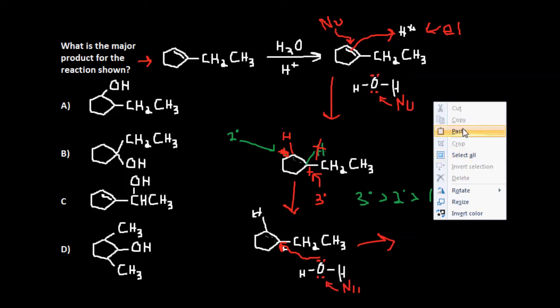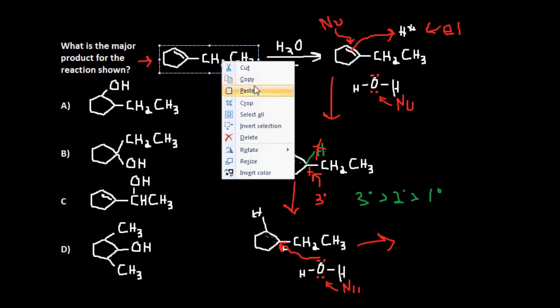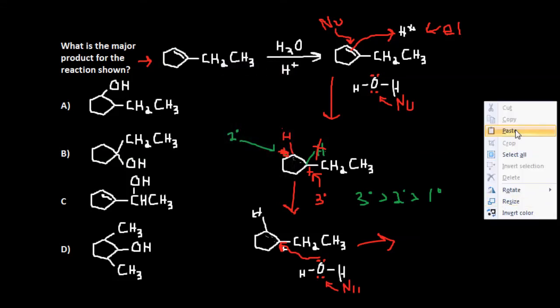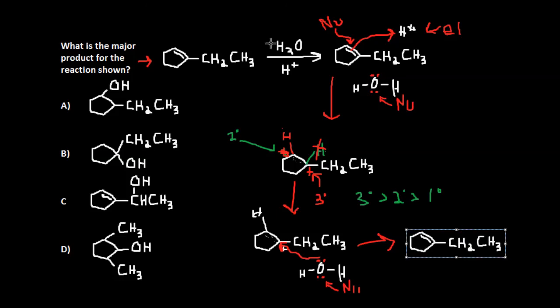Next step, right? Let's copy this, copy, paste. So now where are we? Let's see. We got rid of the double bond in the first step, right?